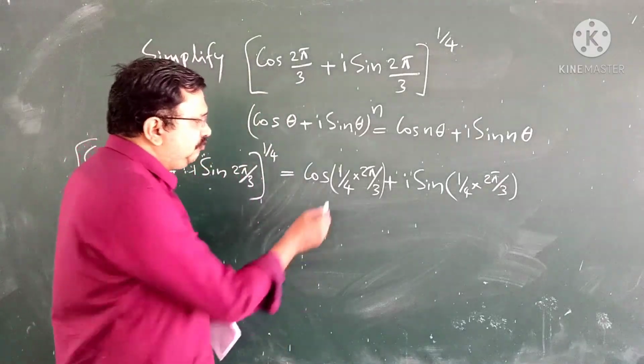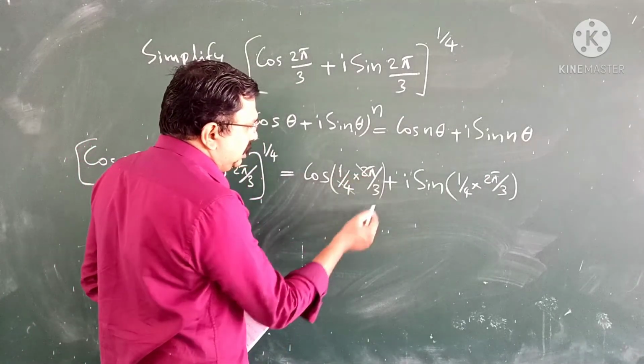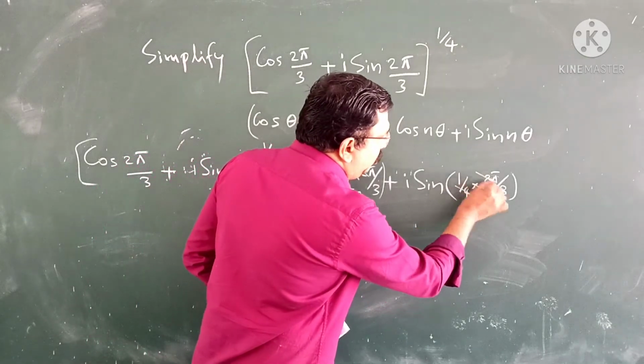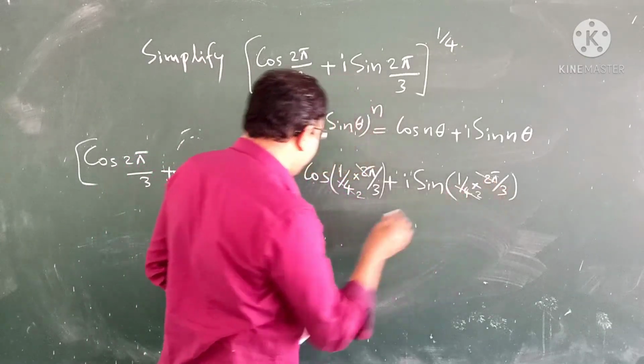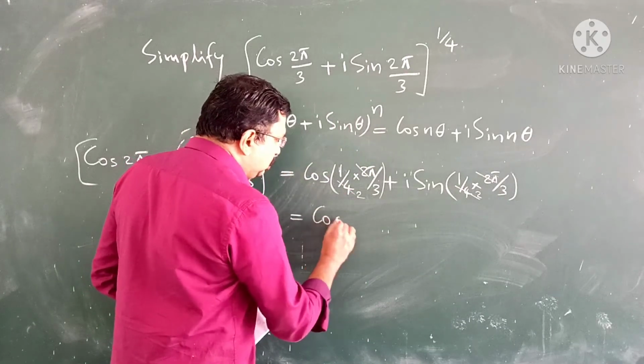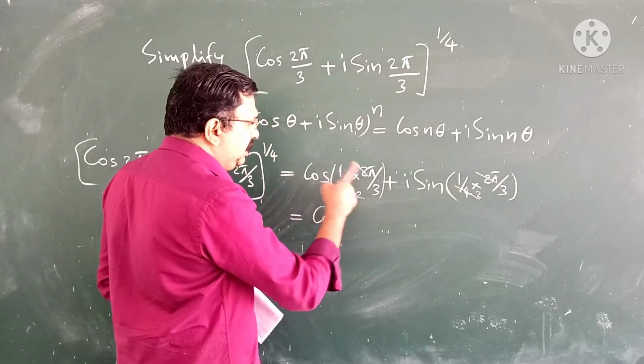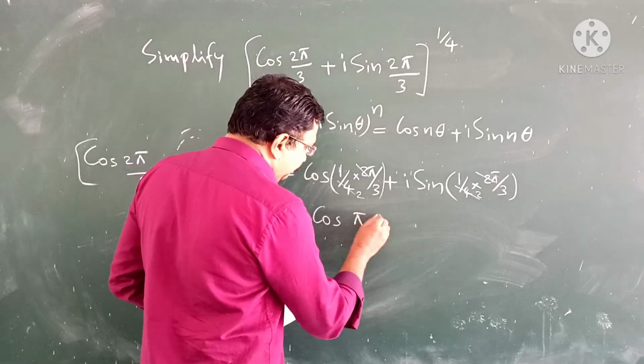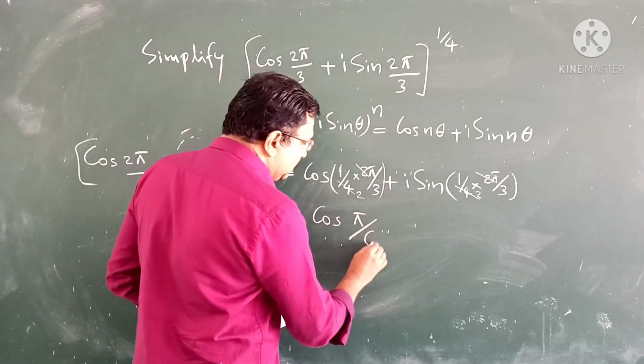Then the 4 and 2 can be cancelled, and the remaining is 2 in both places. That is cos, with only pi on the numerator, pi by 2 into 3, which is 6.